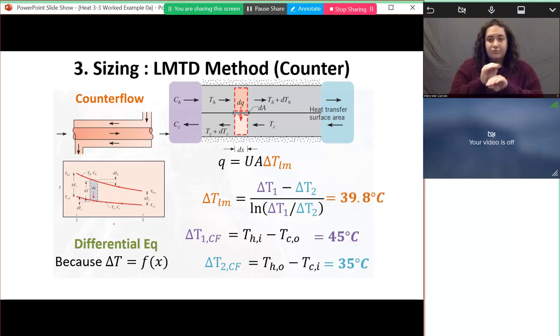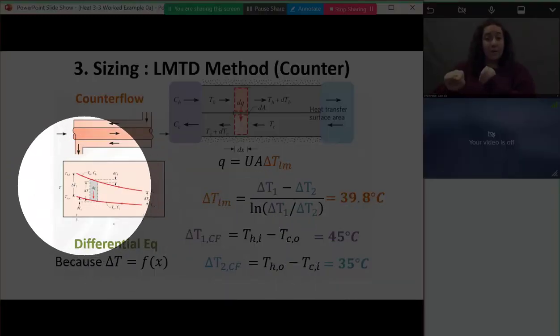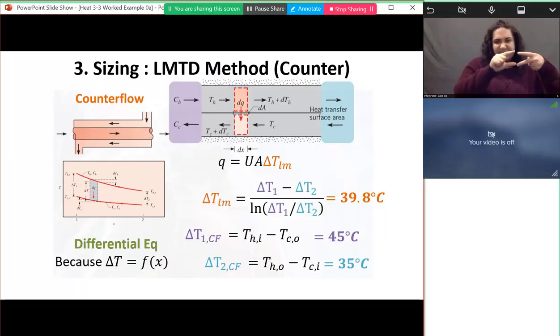And then my log mean temperature difference is 39.8 degrees Celsius, which is higher. I want to say it was like 35 or something in the parallel flow case. So what happens when you set it up in counterflow, like we see in this picture here, is the temperature difference along the length of the heat exchanger stays more constant, right?